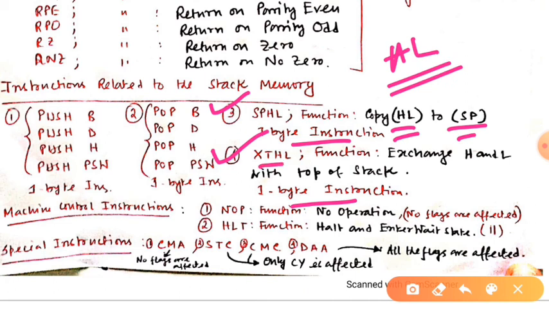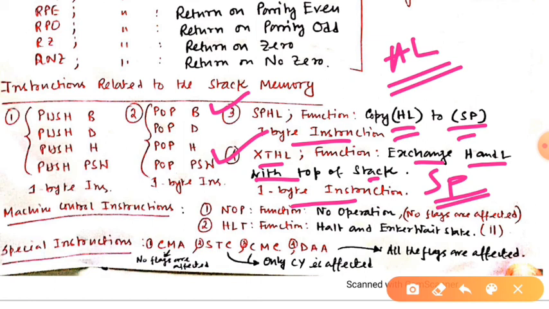And in case of XTHL instruction, it exchanges the content of H and L register pair with the top of the stack. So the top two memory locations of the stack will exchange its data with the HL register pair. But at the end of this execution of XTHL instruction, the content of stack pointer will remain unchanged. So obviously during the data transfer operation or exchanging of the data, we'll be using the stack pointer.